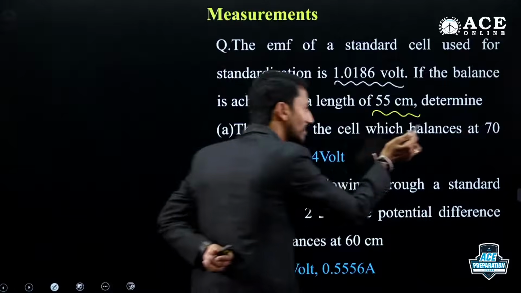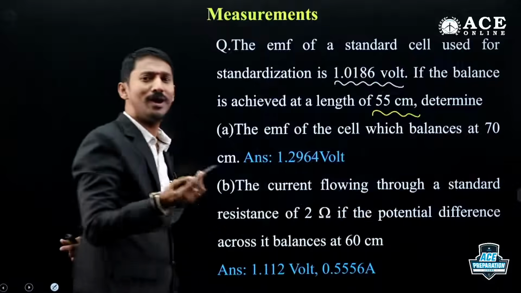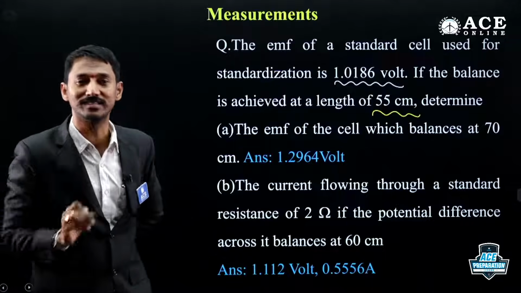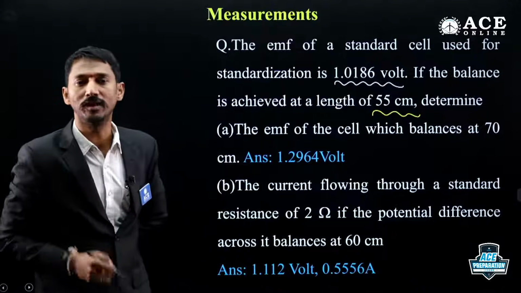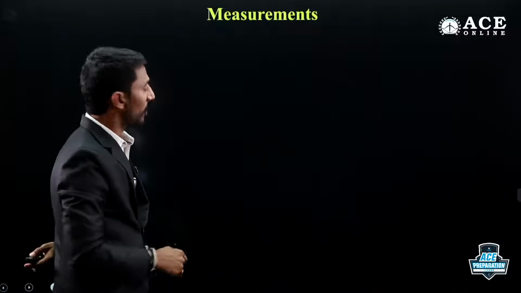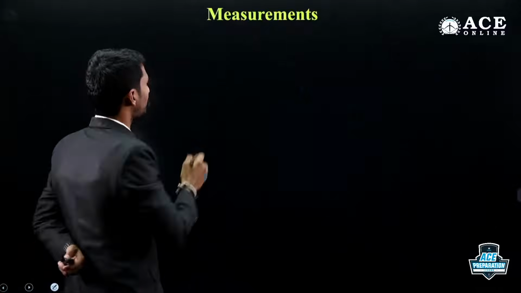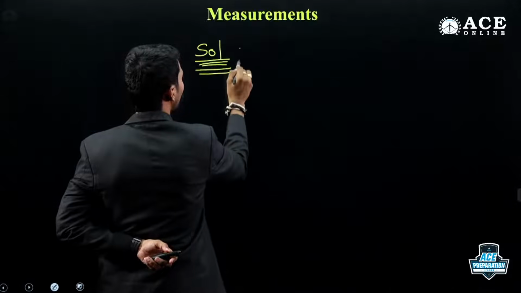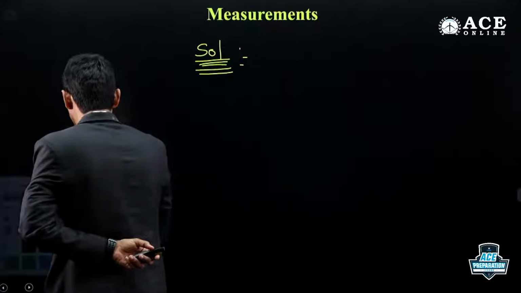At what value is he asking? 70 centimeter. How much? Very simple. For 55 centimeter, 1.0186. For 70 centimeter, how much? You will get the first value directly. Clear? Right, I am writing that. One by one I will read out the questions later. I am combining 4 questions to cover the entire potentiometer topic.